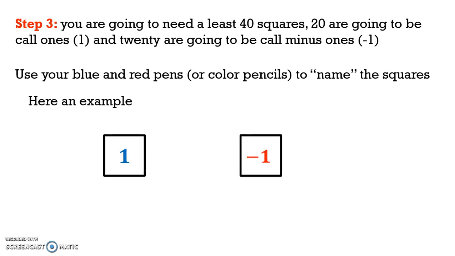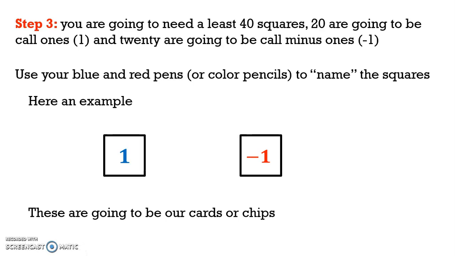I take the other one, and inside of it, I'm going to write -1. So I already named them. You're going to do this with 20 that you're going to call ones, and the other 20 you're going to call -1s. These are going to be our cards, so this is really important.